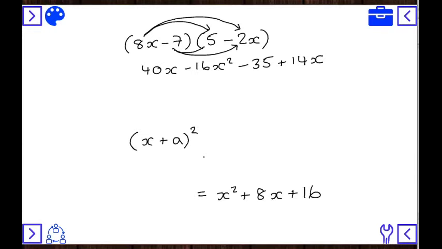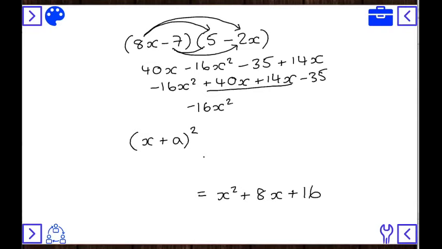So minus 16x squared plus 40x plus 14x, and then minus 35. And here you can see, now that it's written in descending powers, that the middle two terms will simplify. So it's minus 16x squared plus 54x, and then minus 35.